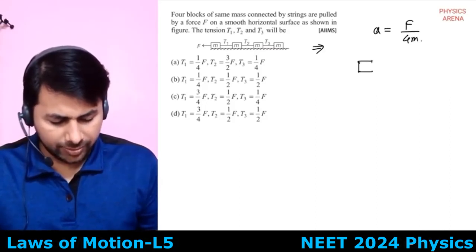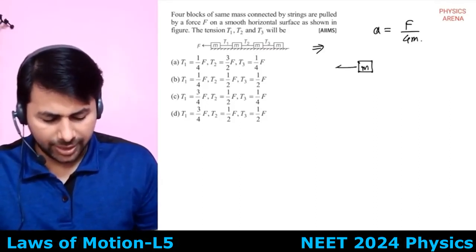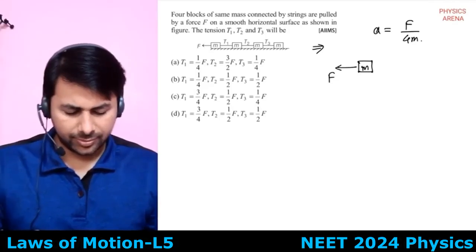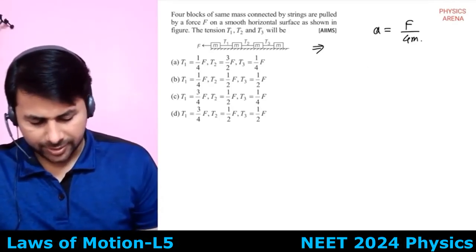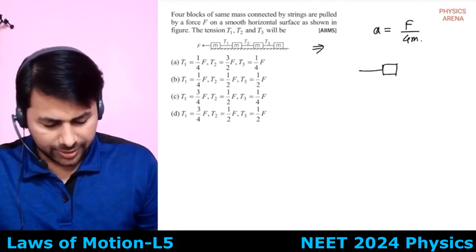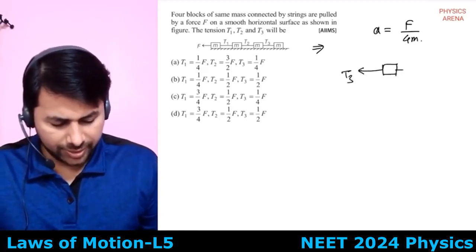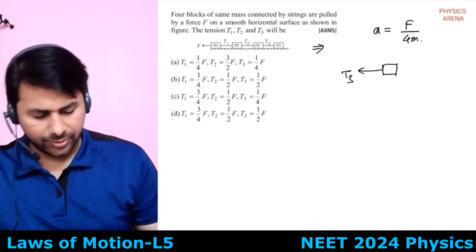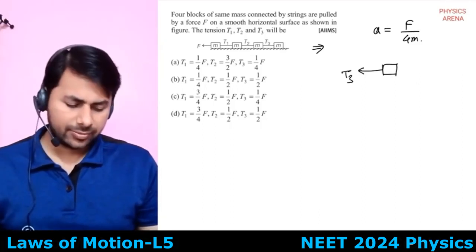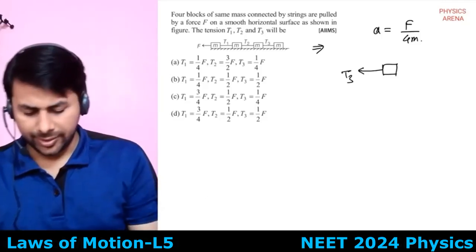Now consider the first mass. So there is force F acting on it. Or sorry, let's consider the last mass. There is tension T3 acting on it, and on this side there is nothing. So the only force is T3.